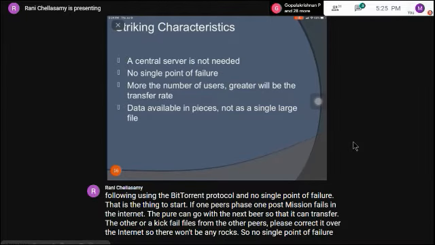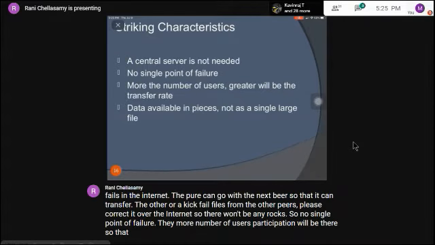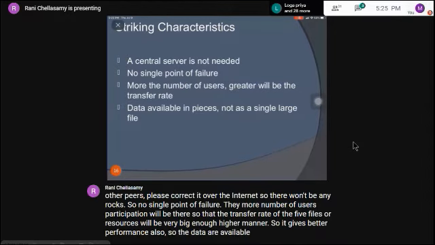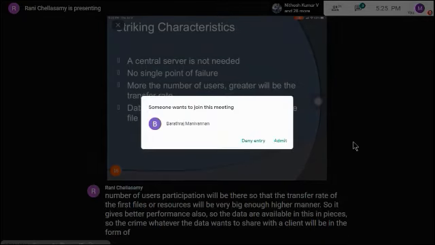Okay, the more users participate, the higher the transfer rate of the files or resources will be. So it gives better performance also. The data is available in pieces. Whatever data the client wants to share will be in the form of pieces of data.